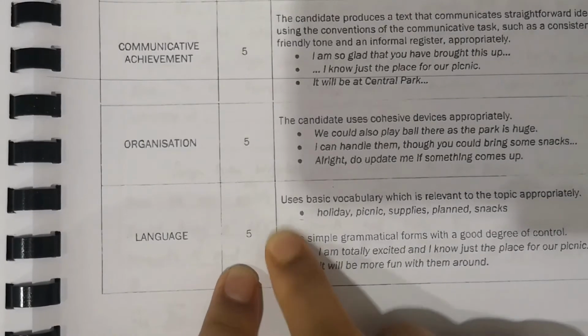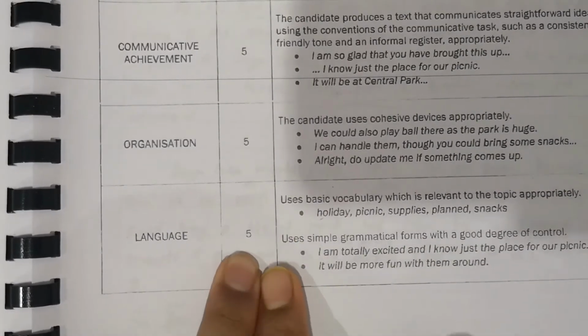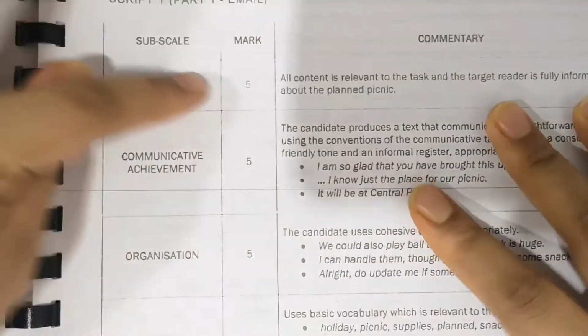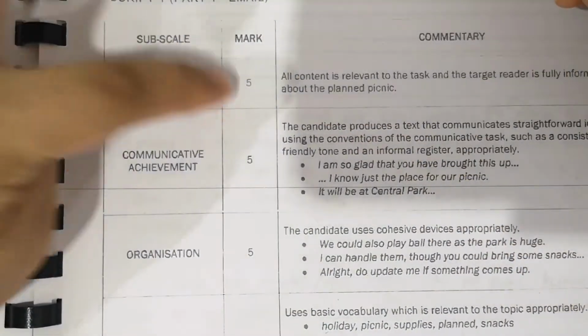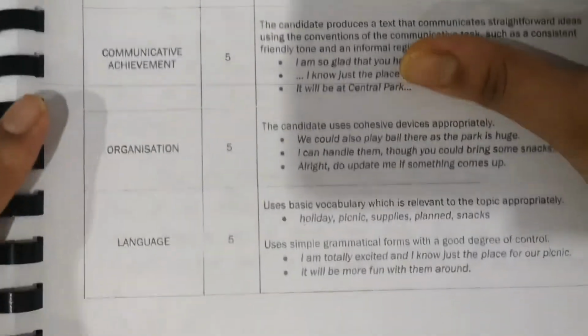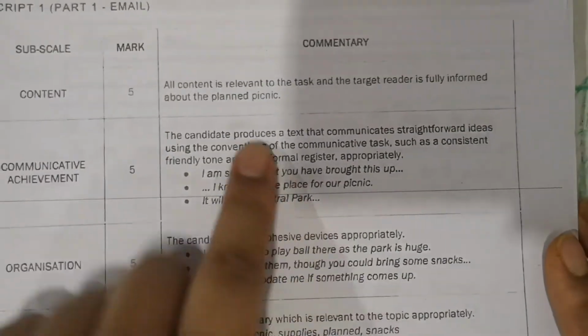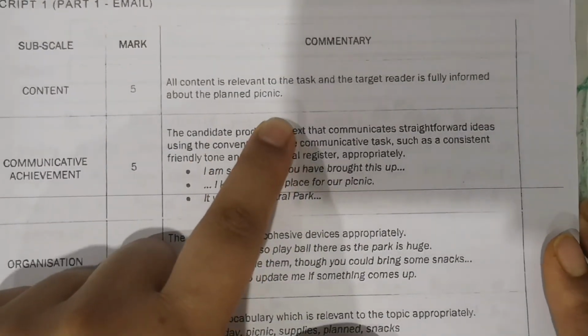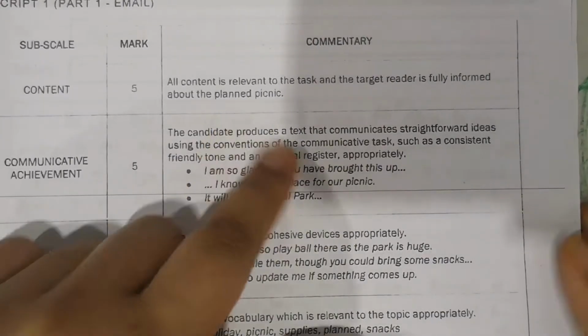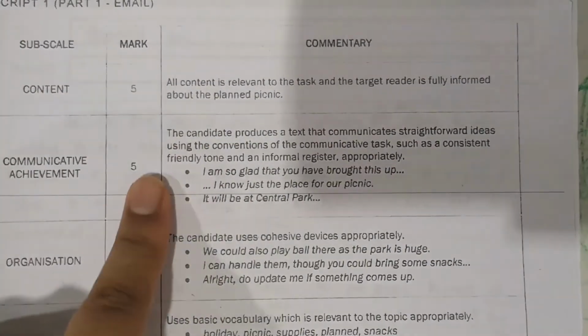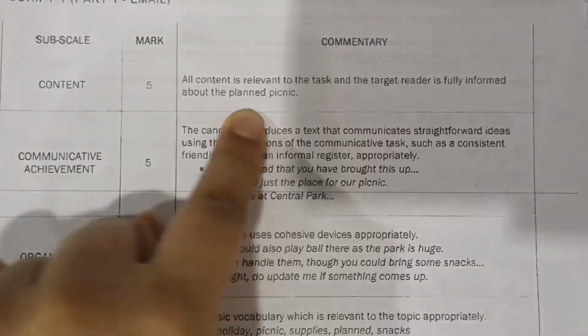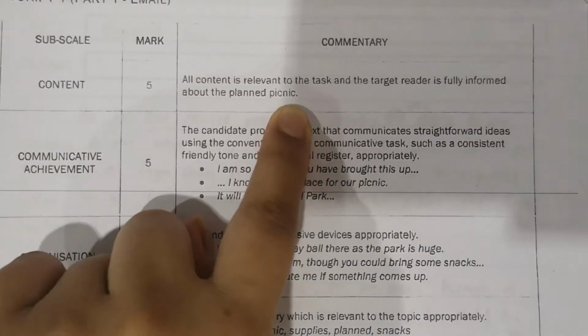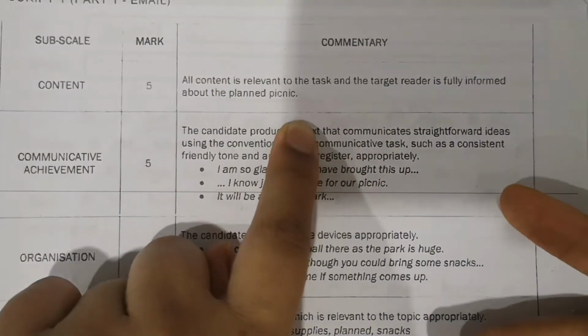Okay, so usually we pay more attention here, but actually we will balance it all into 5 and 5 full marks. Okay, so for the content, if your content is relevant, that means you're not off track, then you will get 5 marks for content. Okay, you're well aware, well informed of the planned picnic.